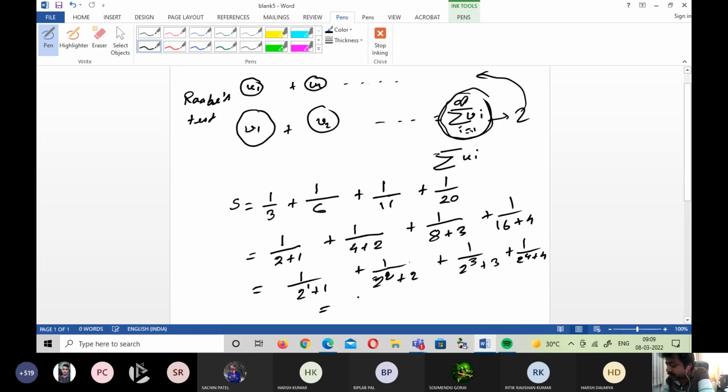So in a general term, it can be written as capital sigma 1 by 2 to the power n plus n.